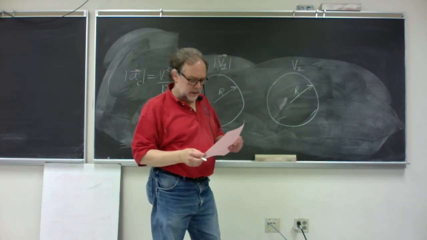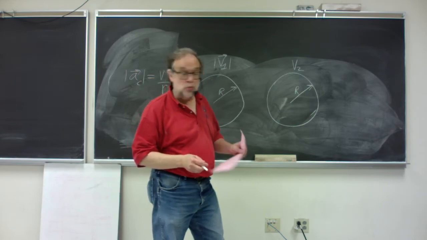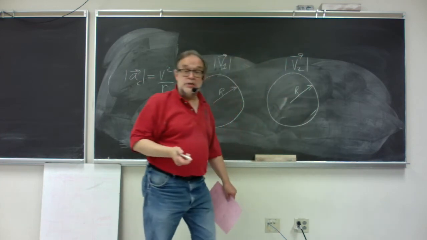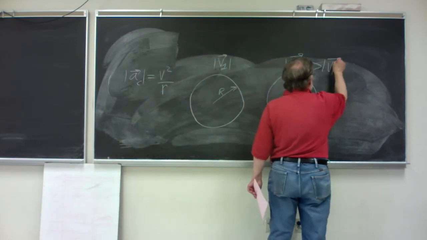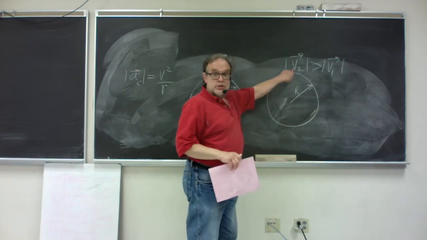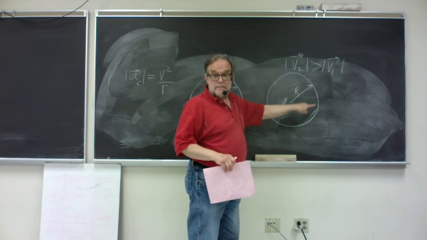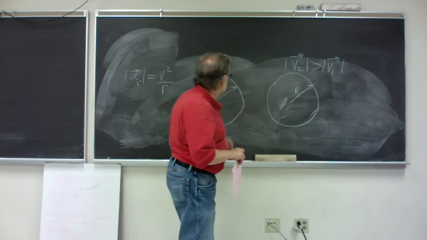Let's say that speed 2 is greater than speed 1. So the magnitude of velocity 2 is greater than the magnitude of velocity 1. Right? Remember, this is just the meters per second as the object moves through this path.